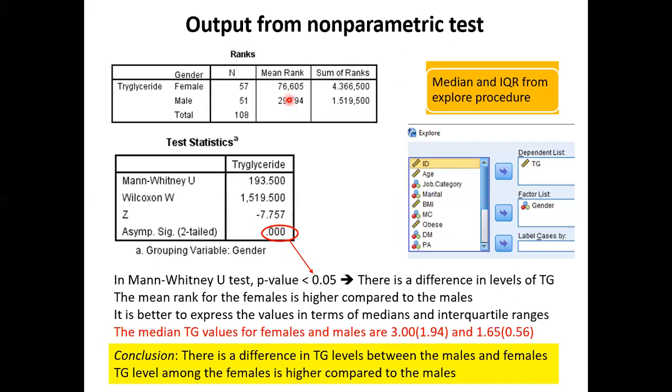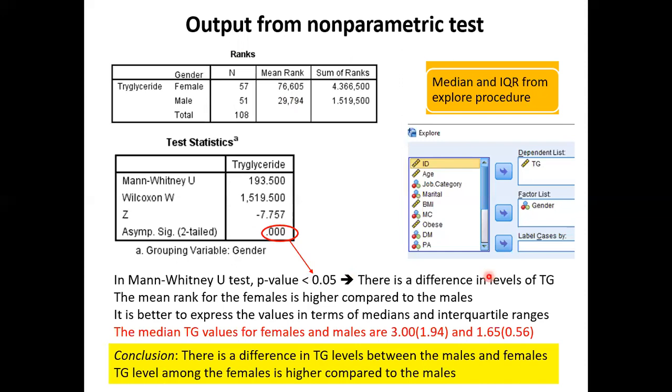Most of the females will be on the higher side, males will be on the lower side. Right. So is there a difference? Look at this p-value. This is from the non-parametric Mann-Whitney U test. So p-value less than 0.05, we still say there is a difference.